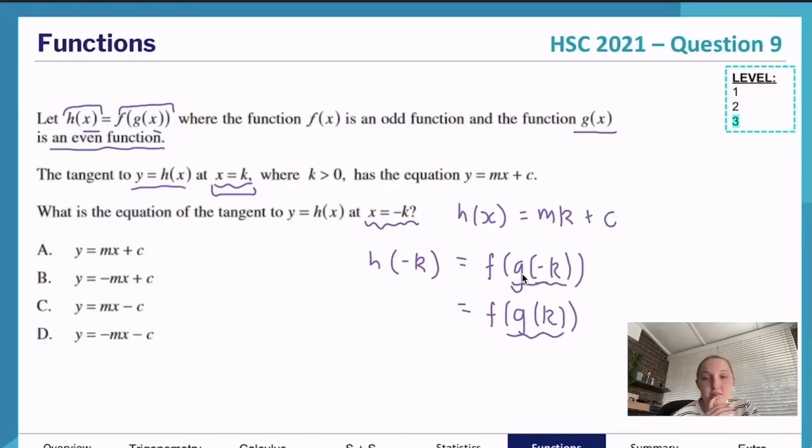Because if it's an even function, this won't impact our graph. Okay? So then we can say that that is going to equal mk plus c, because it's going to be this little bit that we've already found up the top here.